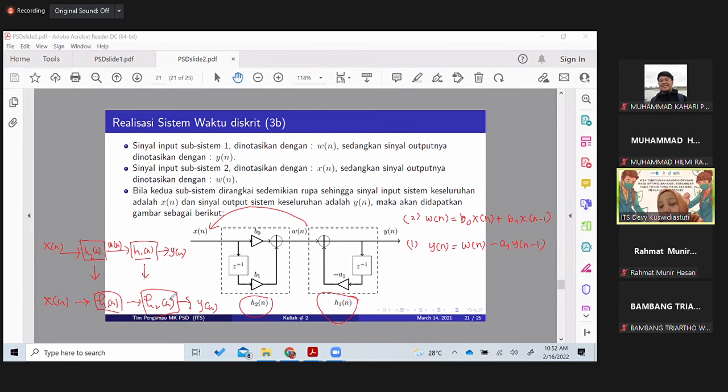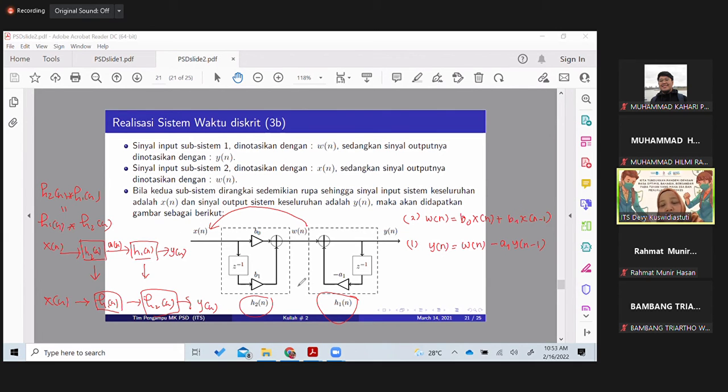It doesn't matter, because we knew that H2n convolution with H1n equals H1n convolution with H2n.